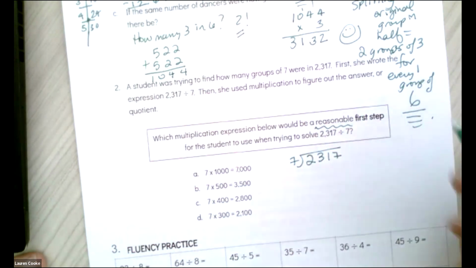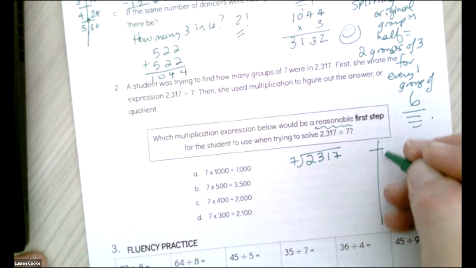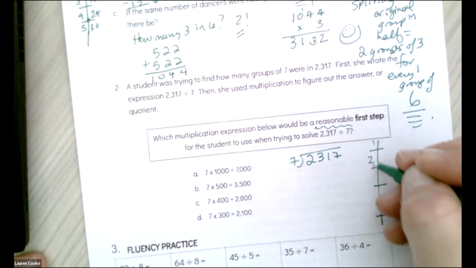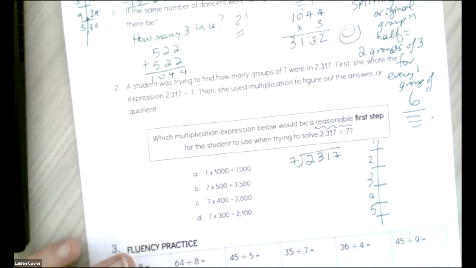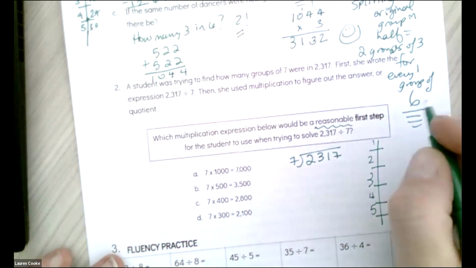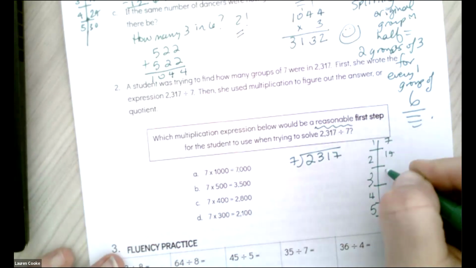Well, I'm going to give this some work. Okay, so a student was trying to find out how many groups of 7 were in that number. And so let's just find some multiples of 7.